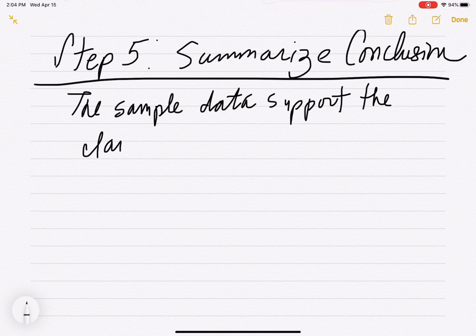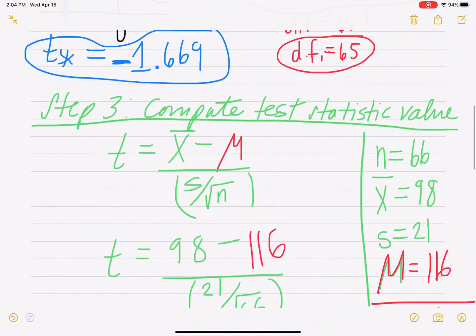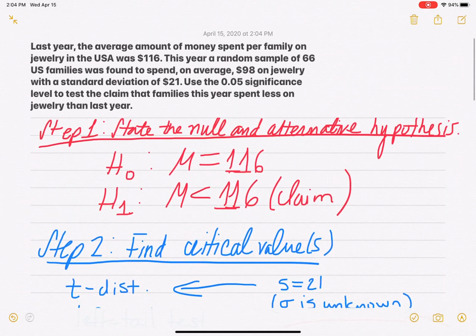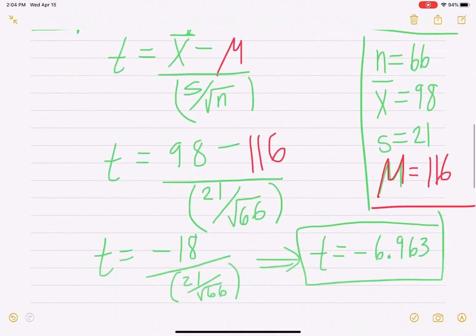The sample data support the claim. What was the claim we were actually testing? Families this year spent less on jewelry than last year.